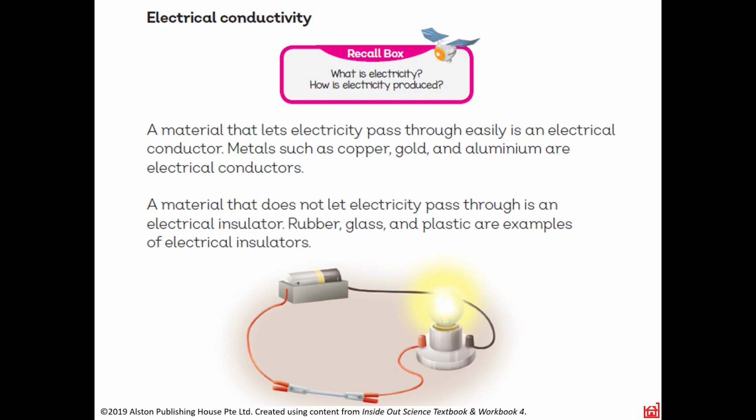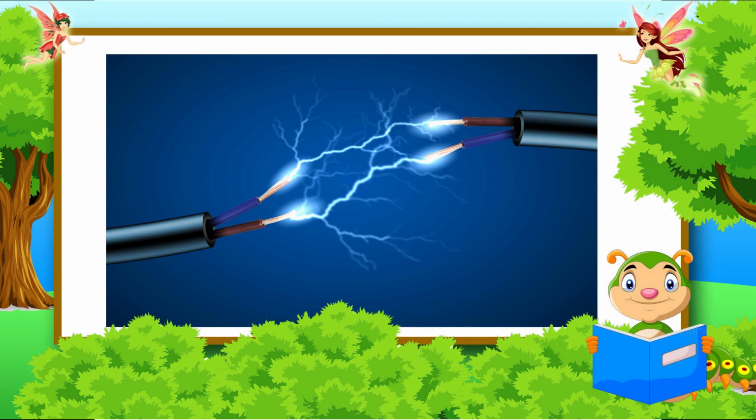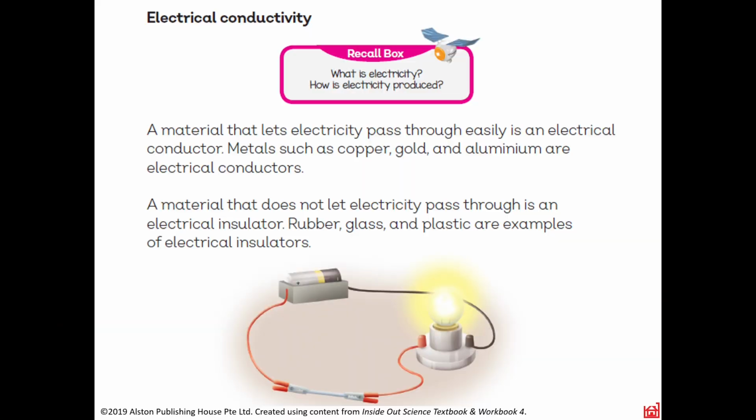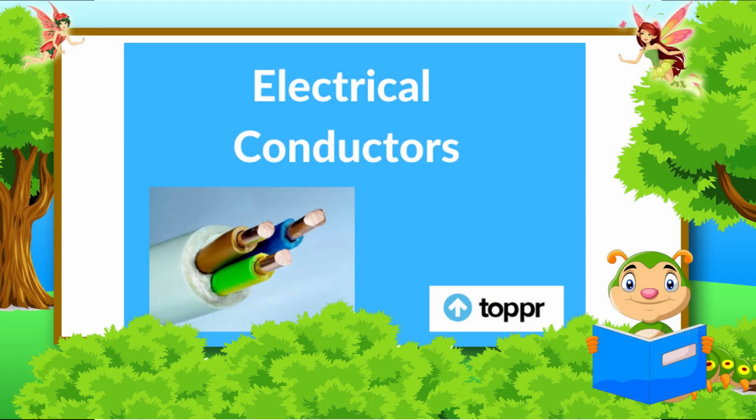Electricity is a flow of electrons around a circuit. There are different materials that let electricity pass through easily. A material that lets electricity pass through easily is an electrical conductor.